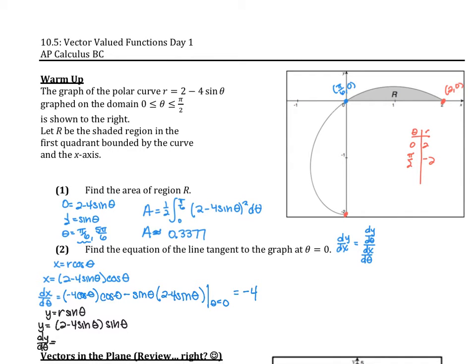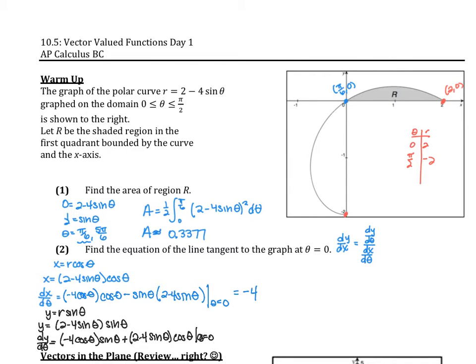Doing that, I get the derivative of the first, which is negative 4 cosine theta, times the second, sine theta, plus sine theta times the derivative of the second, which is cosine of theta. And this is going to be evaluated when theta equals 0.